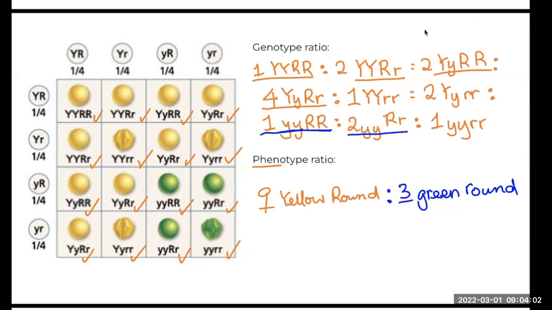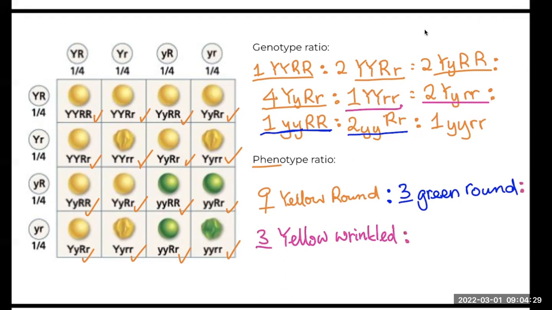And then let's use a different color. Let's use pink. This time we want to say yellow and wrinkled. Now this is yellow and wrinkled. This is also yellow and wrinkled, and that's it. So 3 of them are yellow and wrinkled.